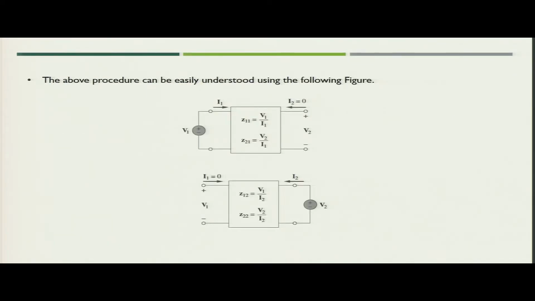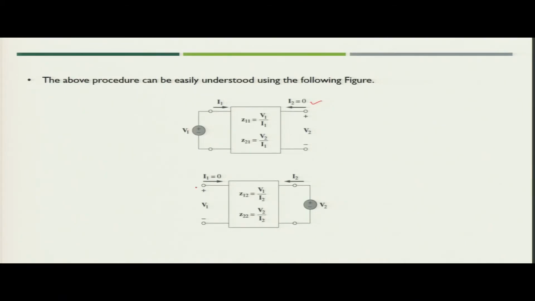Now, you can see that this procedure can be easily understood with the help of the figure. In the case of a two port network, if you keep the output port open circuit, then you will get Z11 as V1 upon I1 and Z21 as V2 upon I1.